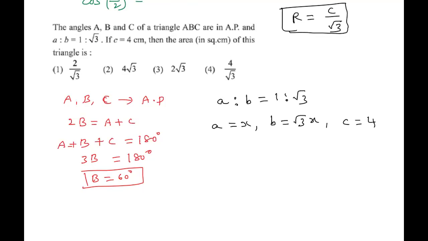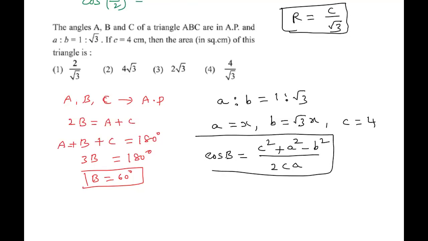Now here we have to find the x value first. How to find? Take the cosine formula. Cos B is equal to, what is the formula? C square plus A square minus B square divided by 2CA. This is the cosine rule formula.